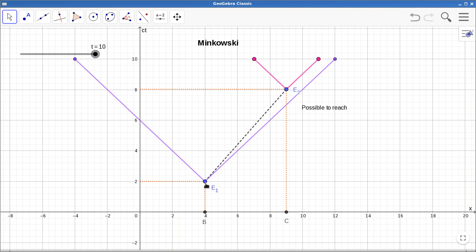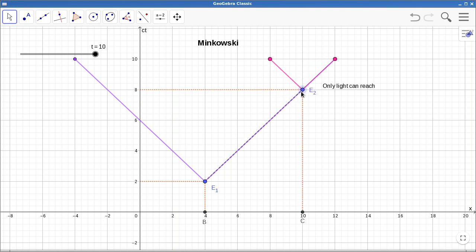And if the daughter sent the gift with such a speed that it forms this dashed world line, then the gift can also reach event E2. And these pink lines are the light cone emitted at event E2, just taken for representation. So right now this is one scenario.